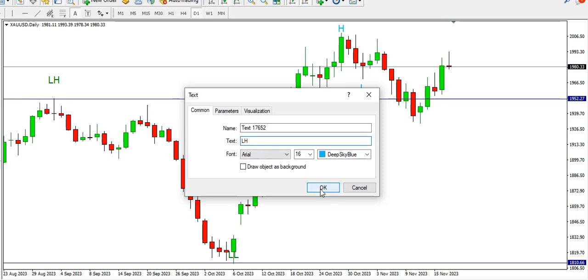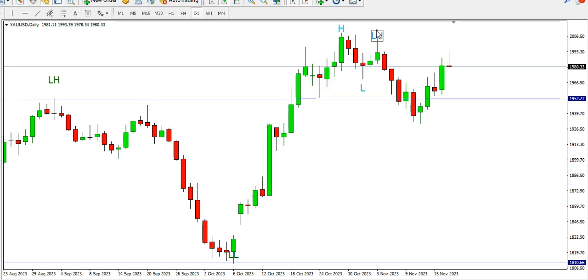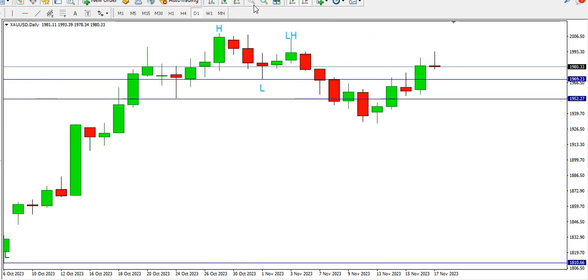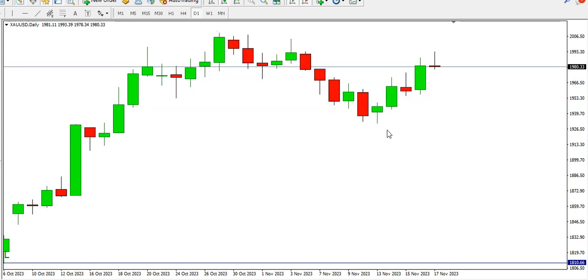Now this structural low got broken around here. Price actually closed below the structural low. You can see how price progressed to the downside. But for now we have a structural low around here.